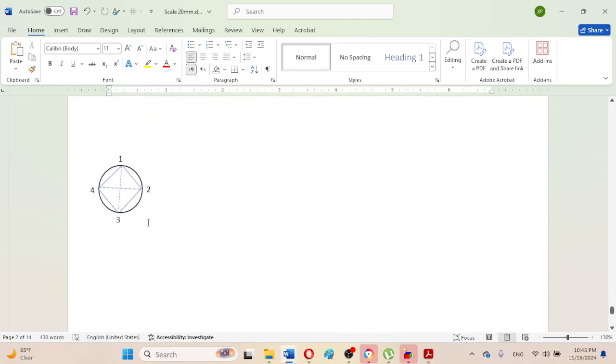To make our work easier, we can create two separate linear graphs for the unknown instant centers 1 comma 3 and 2 comma 4.